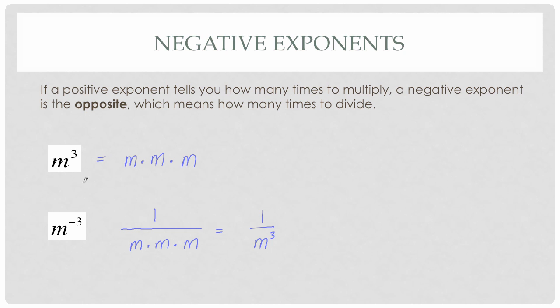So when we're working with negatives, we often need to change our negative into either division or multiplication to turn our negative exponent into the positive exponent. We like to turn negative exponents into positive exponents.